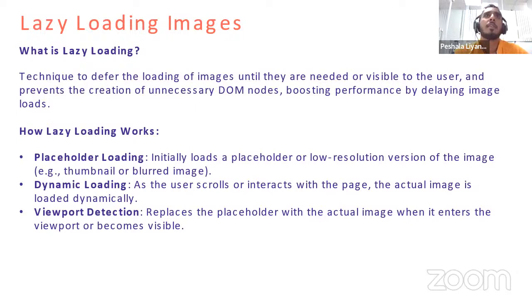Because if you're using a 4K display, you need to show the full resolution image, but if you're using a mobile device, you don't need to download that full resolution image. So it can be optimized and shown accordingly. Those services are out there, and there are also multiple npm packages you can use. Just try it out.